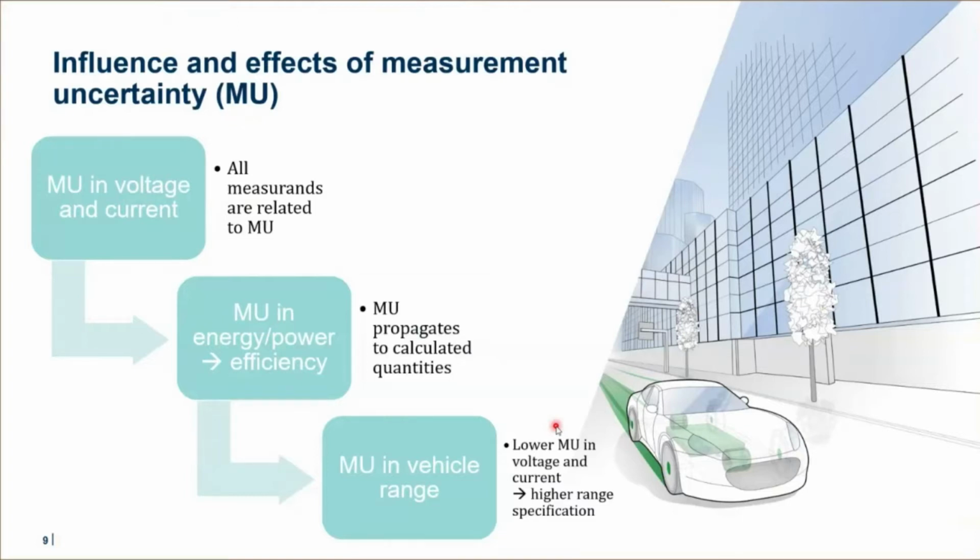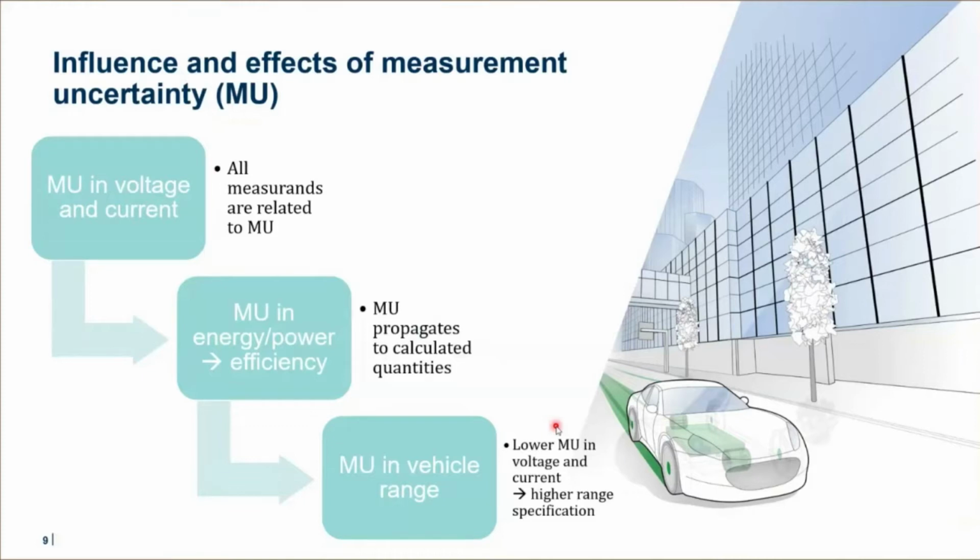If we think again about our electric drivetrain, we measure voltage and current. Both of the measurements contain measurement uncertainty. Then we calculate energy, power, or efficiency from these measured quantities, and of course, the measurement uncertainty of the measured data propagates to the calculated data. If we go a step further to our vehicle application, one part of the vehicle is the battery with a defined and limited battery or energy capacity.